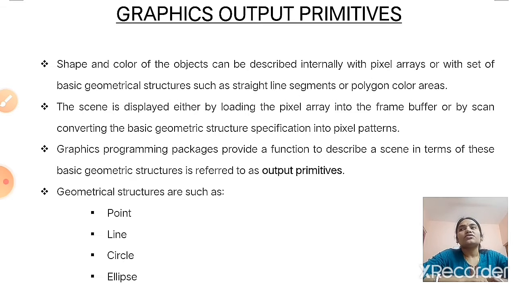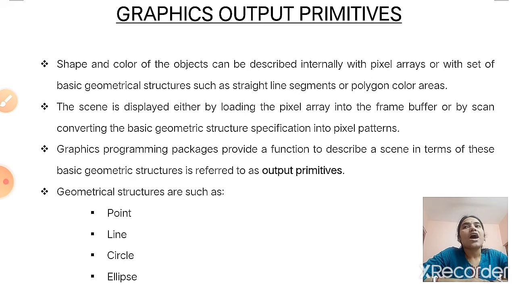So by using these geometrical structures, we can define a picture or scene. These are also known as output primitives. Graphics packages provide functions to define a scene in the form of these geometrical functions.